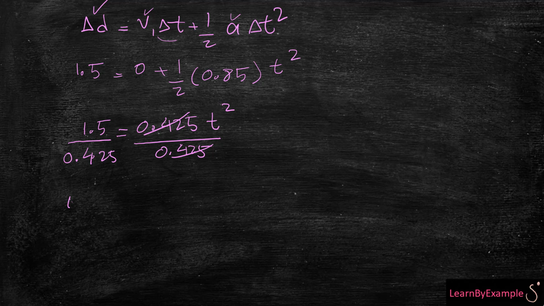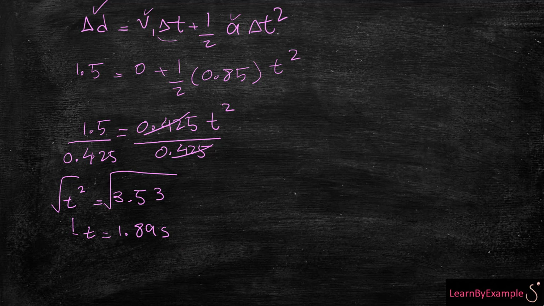Now, I will have t squared equals 1.5 divided by 0.425, which is 3.53. And the square root of that would just give me t, which is 1.89 seconds.